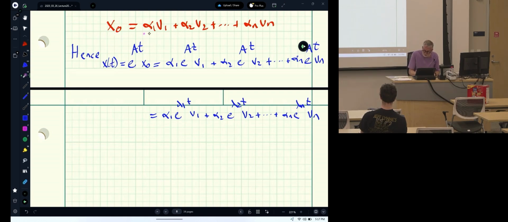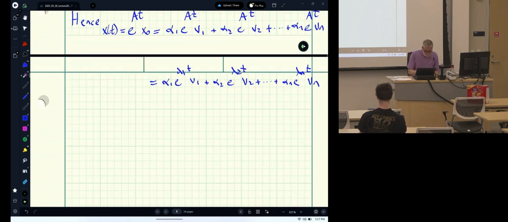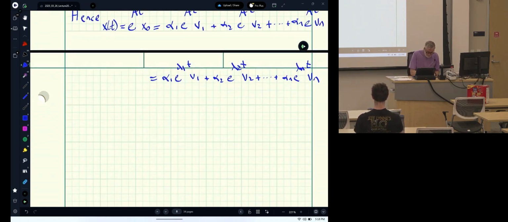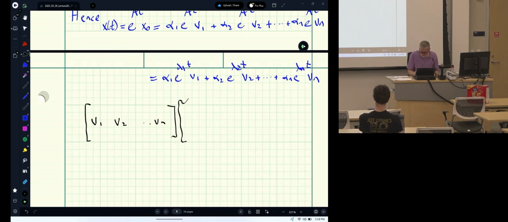Writing x0, all you're doing is setting v1, v2, vn as the columns of a matrix. You multiply times alpha 1, alpha 2, alpha n, and you get x0, okay?